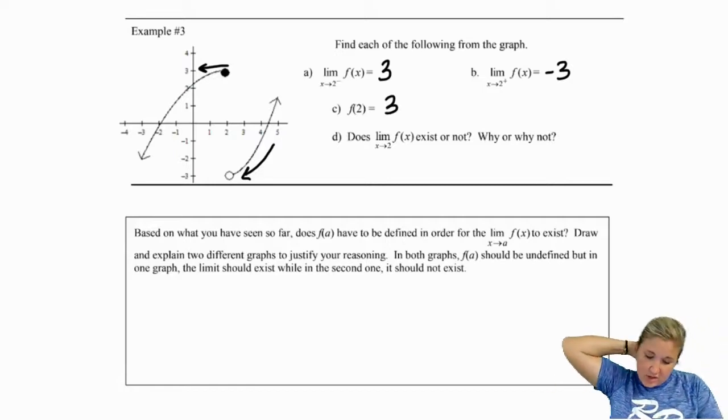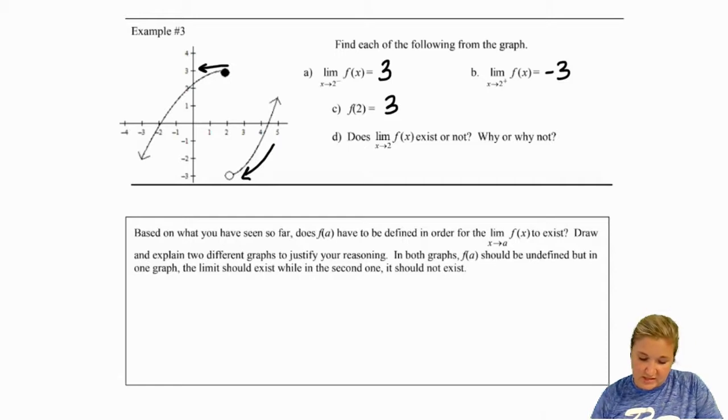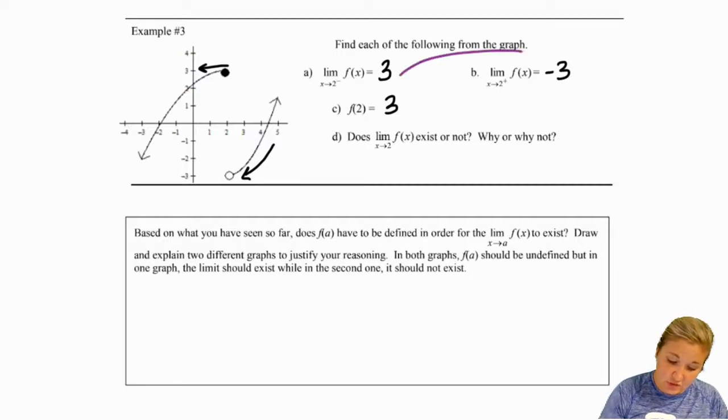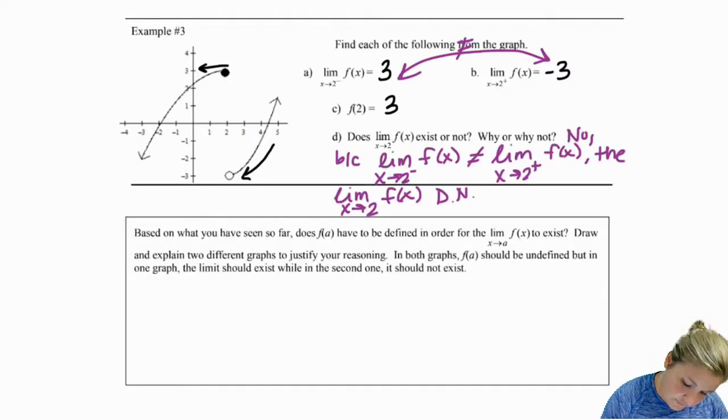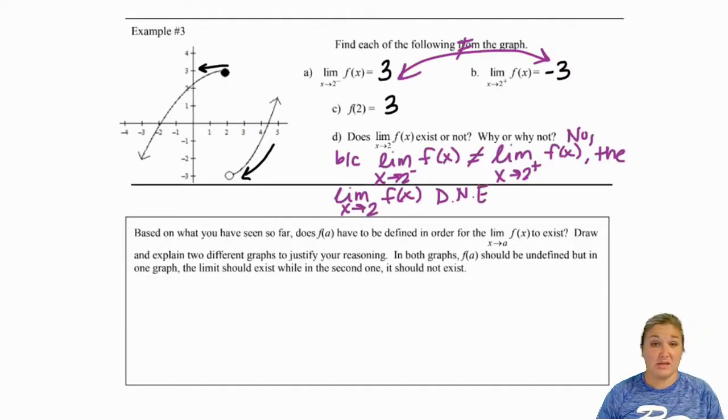Does the limit as x approaches 2 exist or not? Since these two numbers are not equal, it does not exist. DNE means does not exist. It's defined at 2, and they both approach a certain number. It's just not the same number, so therefore the limit doesn't exist.